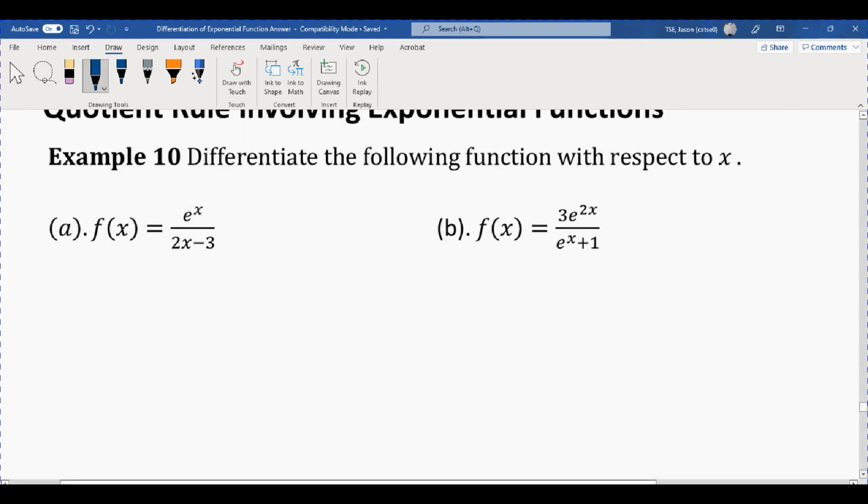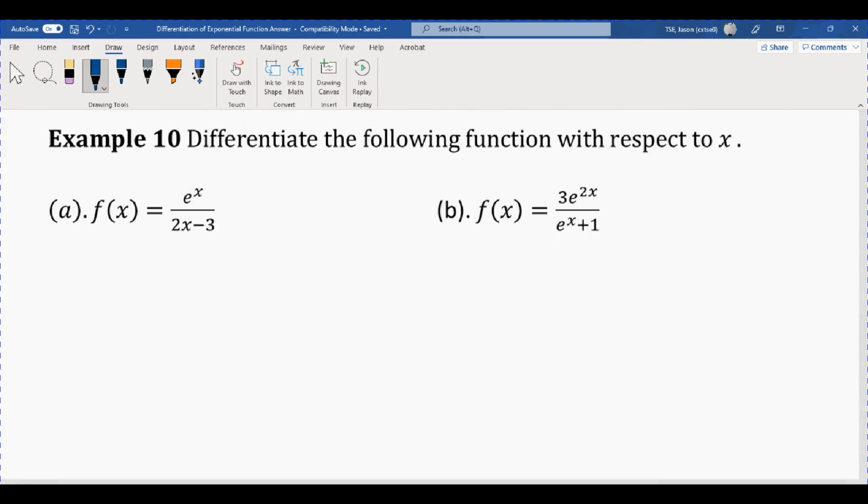Okay, so let's just try to get this done. The first one is f(x) equals e to the power x over 2x minus 3. So obviously I should define my u as e to the power x, and my v is 2x minus 3. And we try to do the derivative.